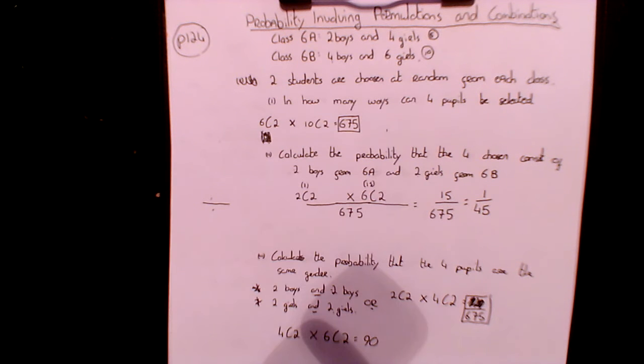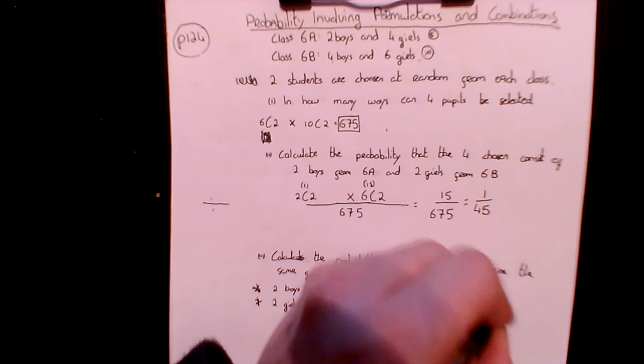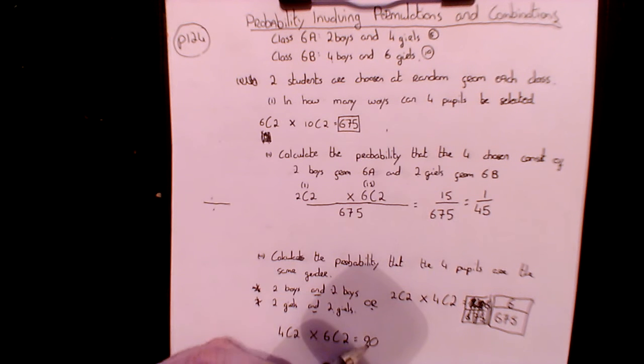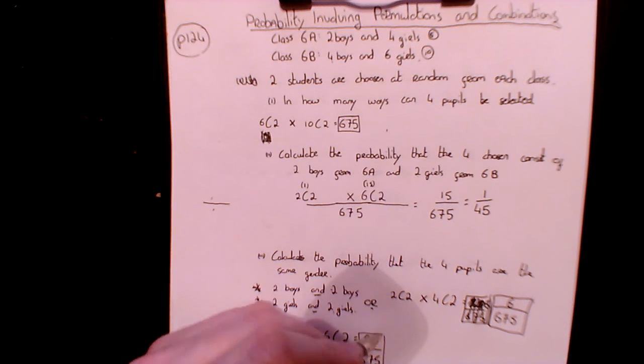Sorry, actually, I'm wrong there. That's not 90, that's 6, out of 675. This one is 90 different ways of choosing the 2 girls and the 2 girls, and there is 675 different ways of choosing all together.